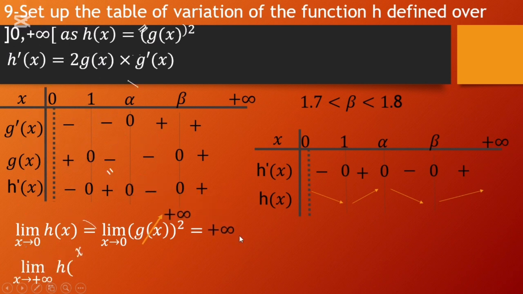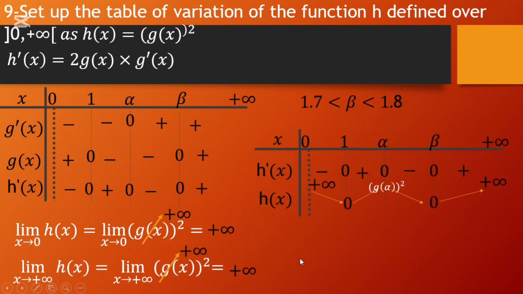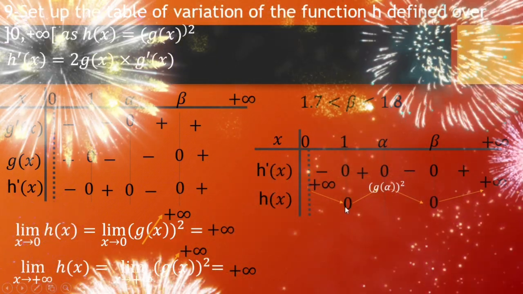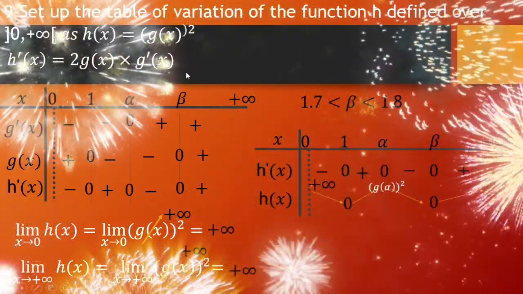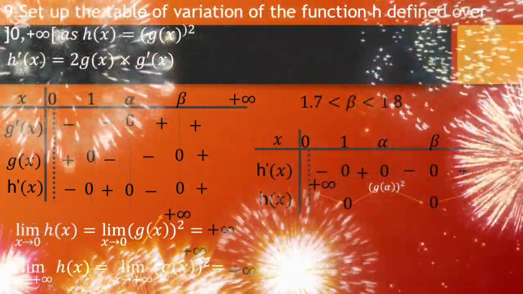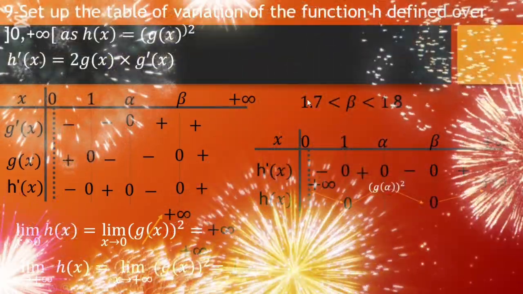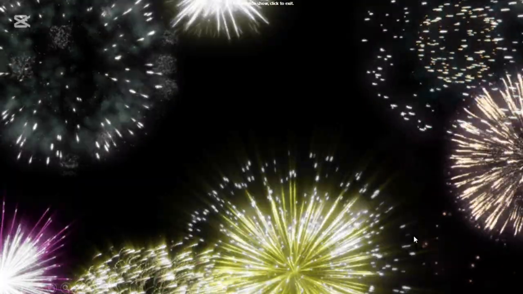Limit h of x as x goes to plus infinity. G of x goes to plus infinity, so this is plus infinity. G of alpha square, and at 1 h of x equals what? 0, because h of x equals g of x square. G of x vanishes at 1 and beta, then h of x vanishes at 1 and beta.